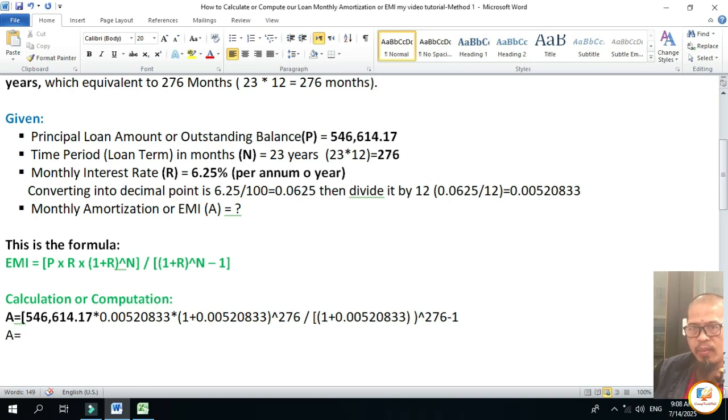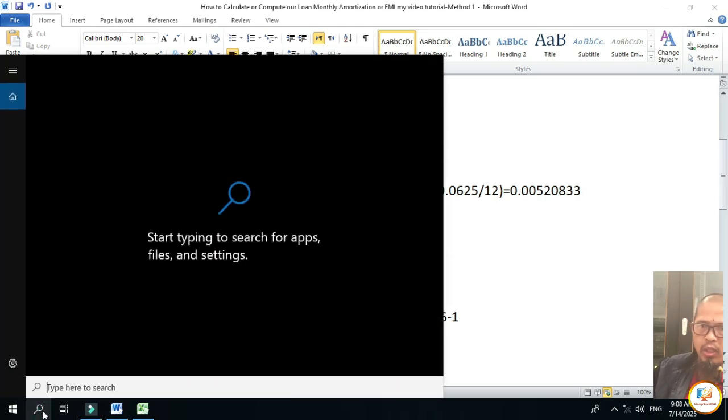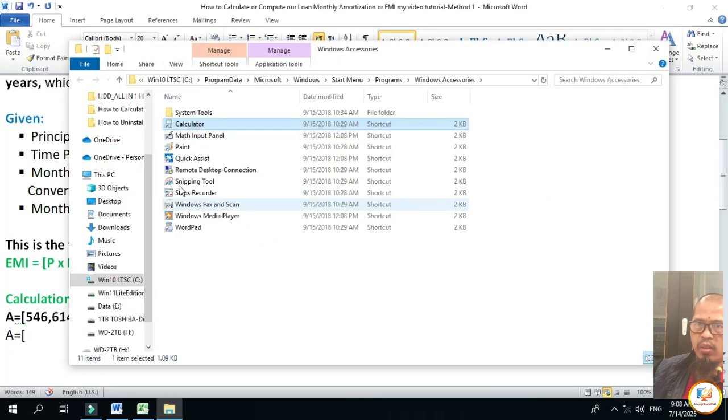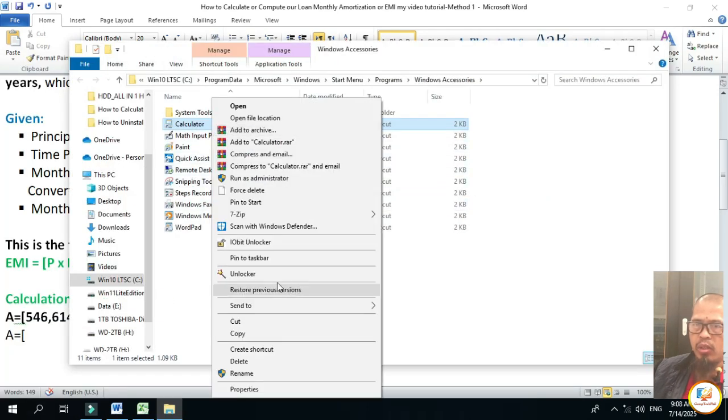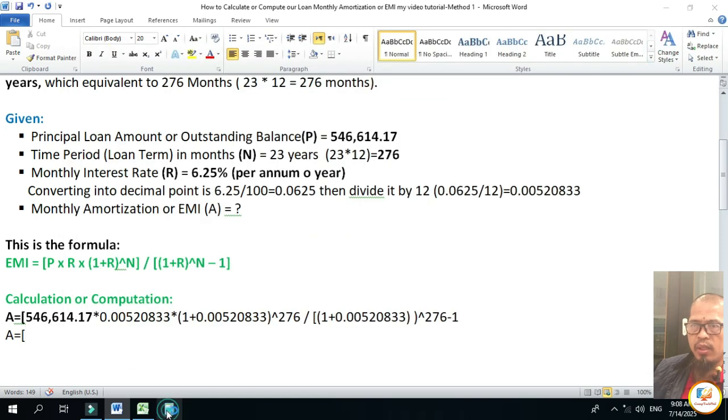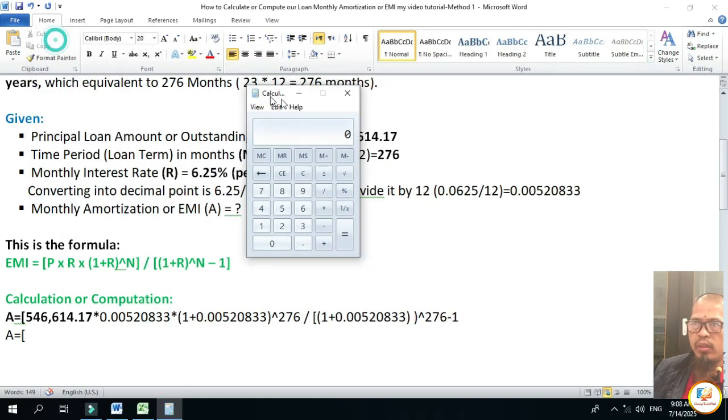Now what we need to do is multiply this, so we have to take a calculator. If you are using Windows 10, there is a built-in calculator here. We put it here, then open your calculator.